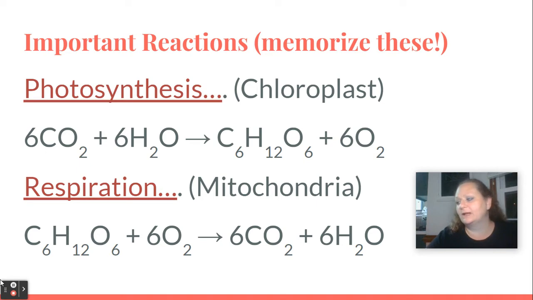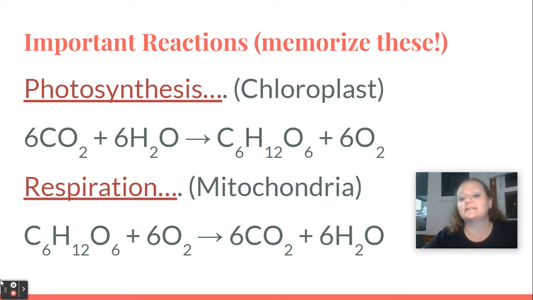The last video, I talked about how carbohydrates always appear in that 1 to 2 to 1 ratio of carbon, hydrogen, and oxygen. So what we're seeing here is actually a carbohydrate. In this case, this is glucose. So you know it's a carb, you know it's a sugar. Glucose is that 6 carbons, 12 hydrogens, 6 oxygens.